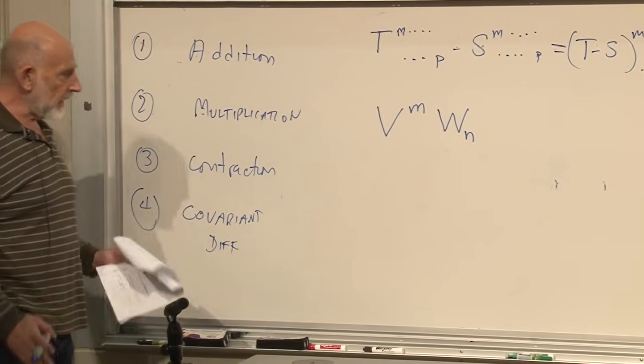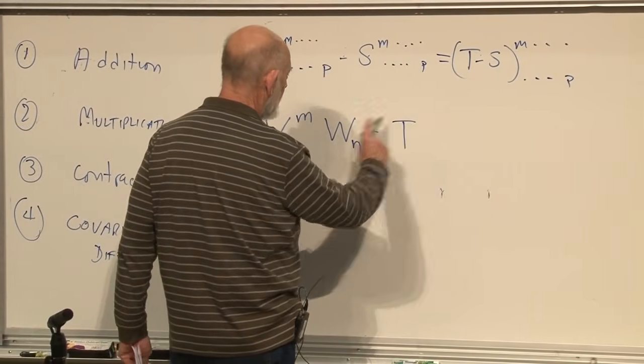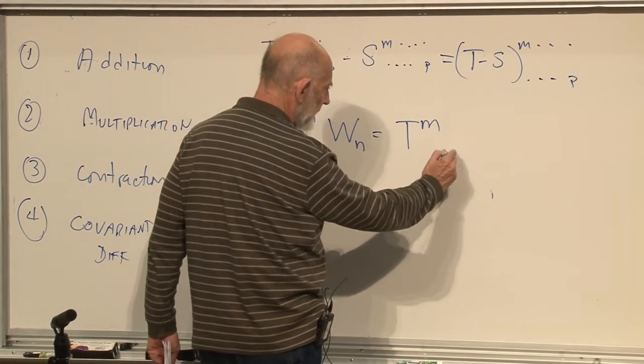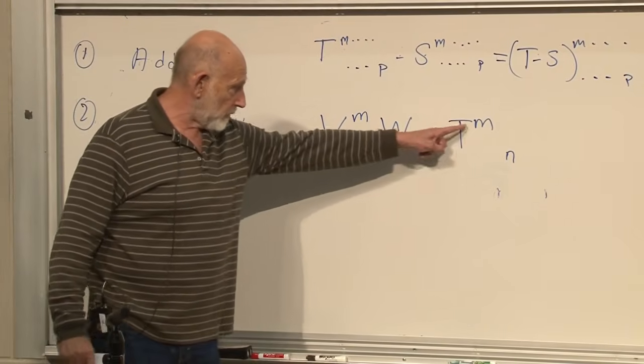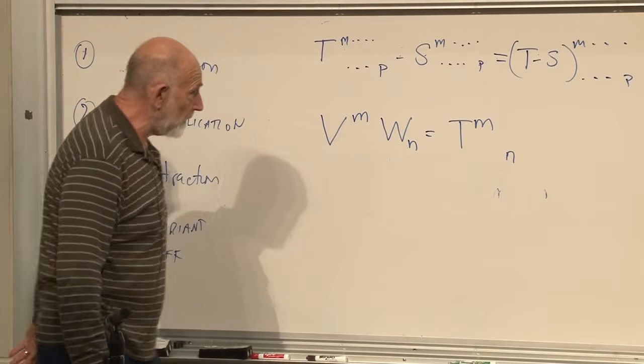This is a tensor with one upstairs index m and one downstairs index n. You have to remember which one is which. Do not cross: if this one is m, that one's m, if this one is n, that one's n, and so forth.